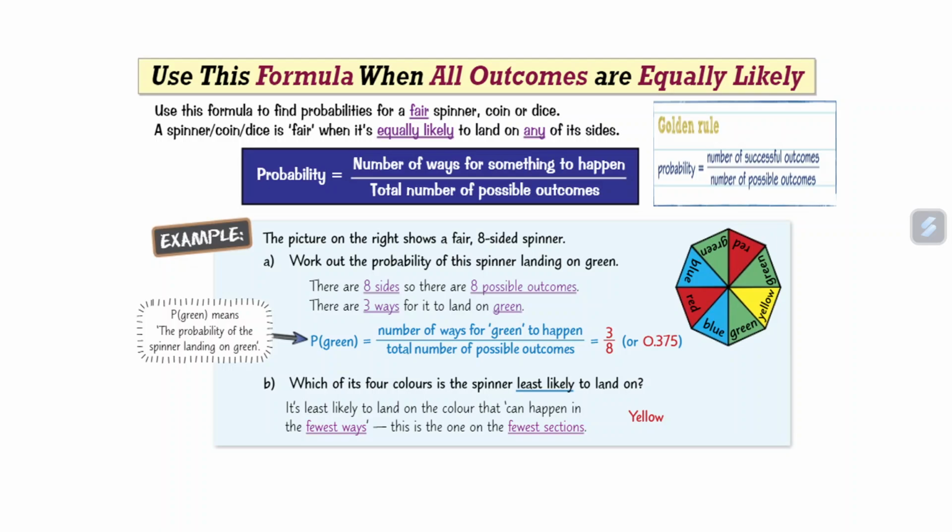Then we looked at the middle of the scale, which is evens, also known as 50%, 50-50, or half. And we looked at unlikely events and likely events.